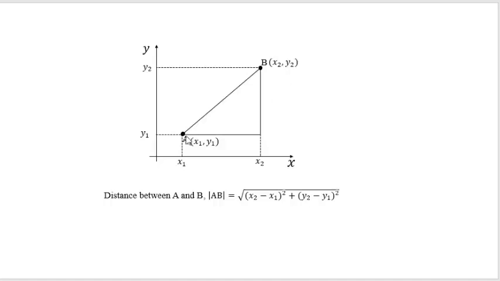So we can see here that on the point A, the value on the x-axis is x1, and the value on the y-axis is y1. So we wrote the value on the x-axis first before the value on the y-axis. Now the same thing when we come to the point B.